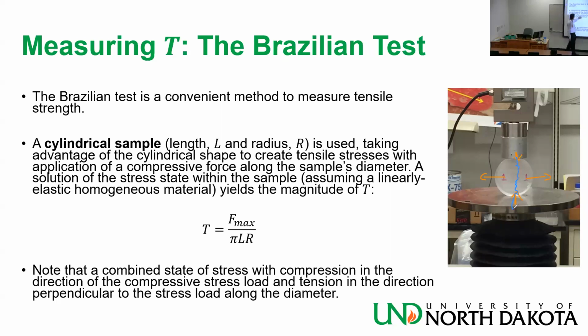So a solution of the stress state within the sample, assuming a linearly elastic homogeneous material, yields the magnitude of T. So I measure how many pounds of force in compression do I need to fail?